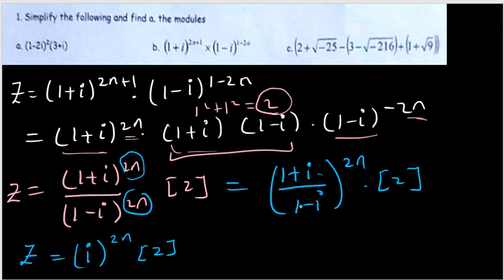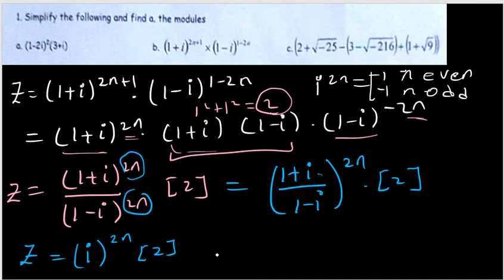The denominator part will be 2, and the upper part, expanded and simplified, gives us just i. i to the power of 2n has two possible outcomes: it will be 1 or negative 1. It depends on n. If n is even, it will be 1, and if n is odd, it will be negative 1.